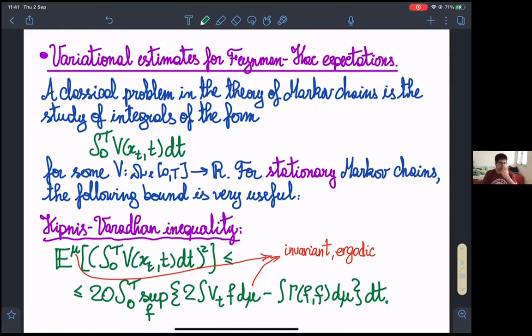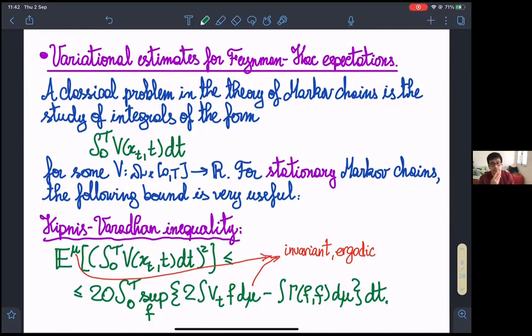Okay, so in practice, if you really want to run an algorithm, something that works very well is that you can run your algorithm until the mixing time of your Markov chain, and starting from the mixing time, you compute the Birkhoff averages of your observable f of your Markov chain, and that is an algorithm that converges in a nice way to the expectations of the function.